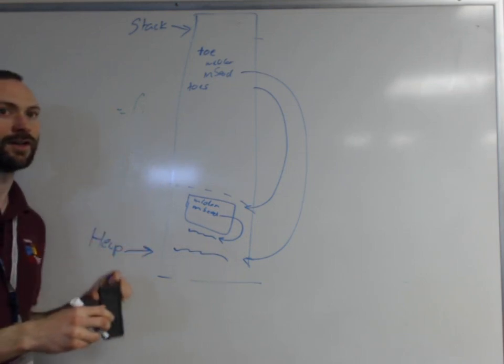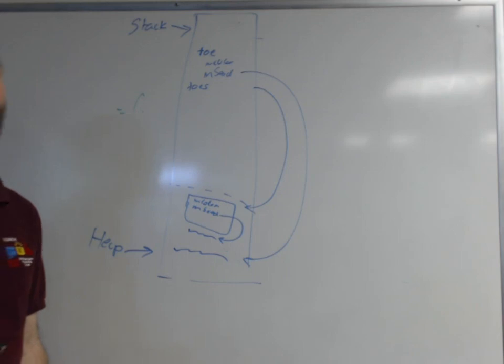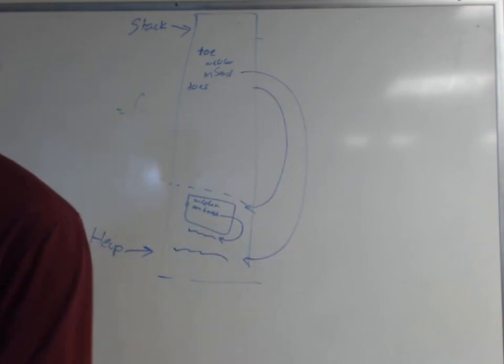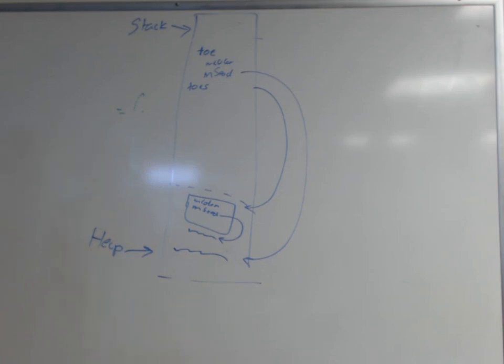Does that make a little more sense? All right, so just remember when you have a pointer, there's a level of indirection. You're jumping somewhere. Okay. Any more questions? All right, we are okay.